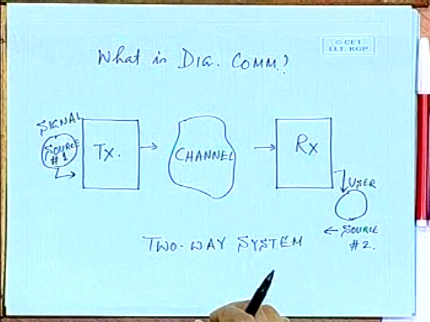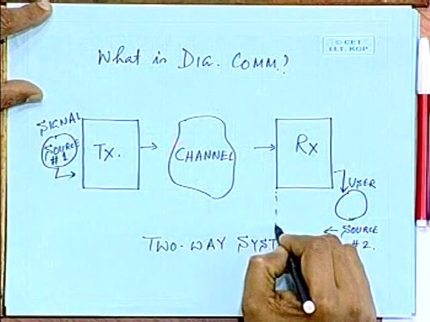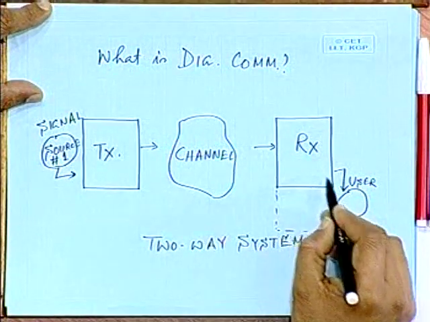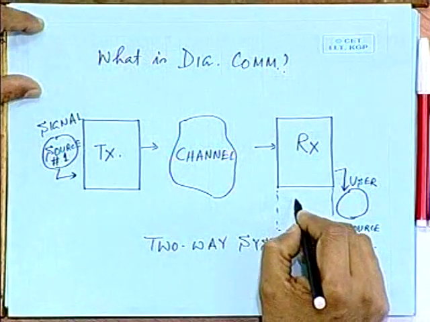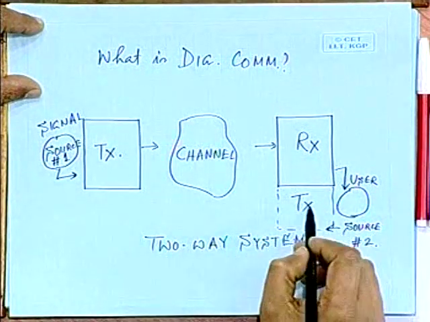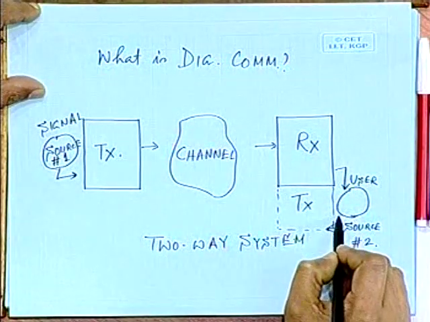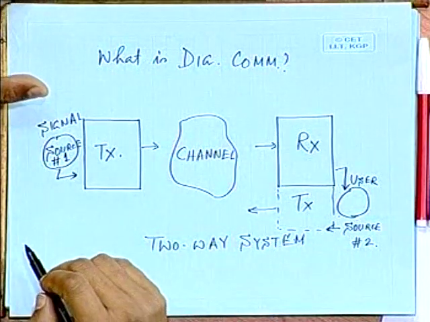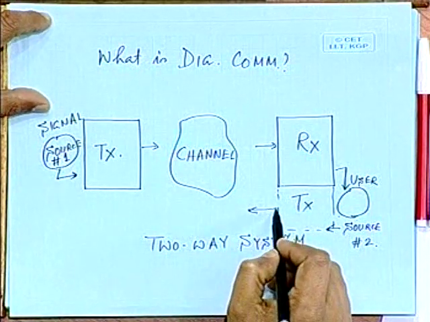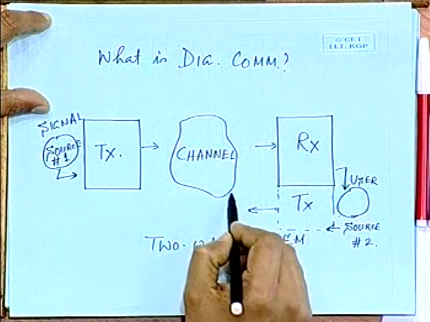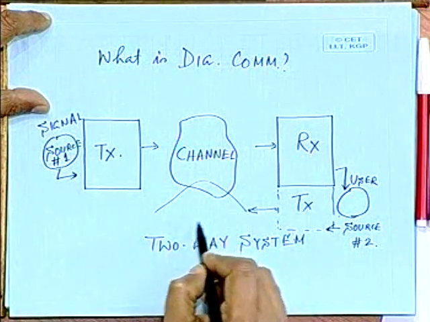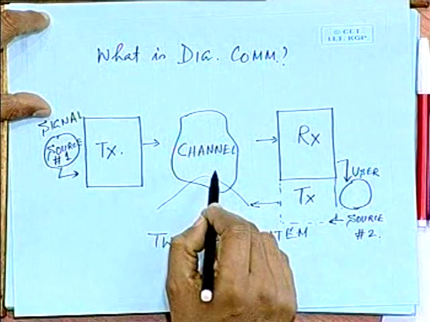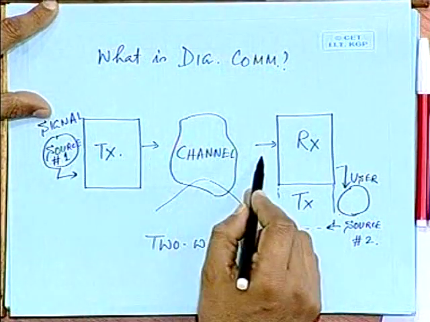This is a very fundamental description of one way of this two-way communication system. So it's natural that there has to be another block associated with the receiver of the second user, which I should call TX, for transmitting the signal from source number 2 towards source number 1. Now think a little bit: this signal may or may not pass through the same channel. That means the channel for this reverse transmission may or may not be the same as for the forward transmission.